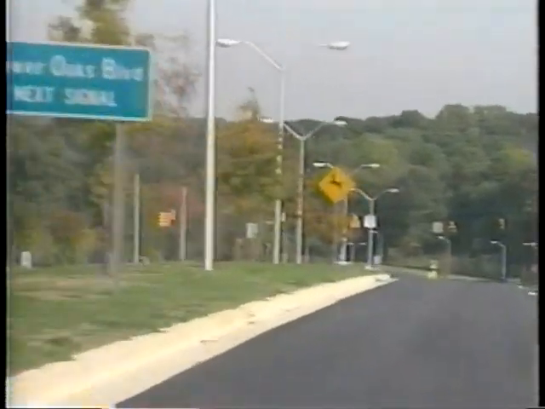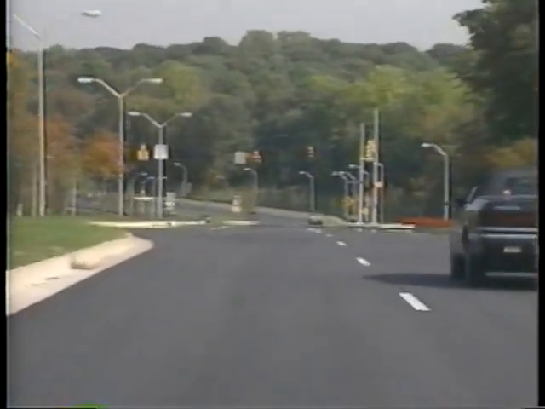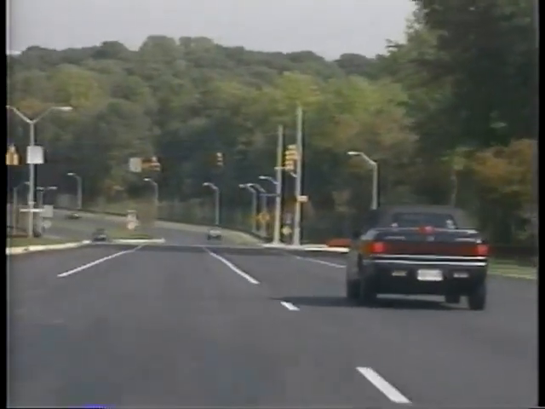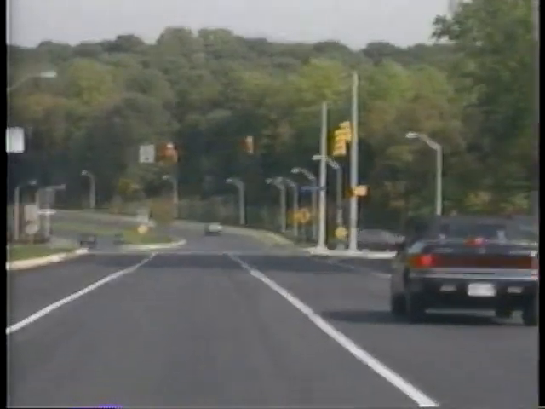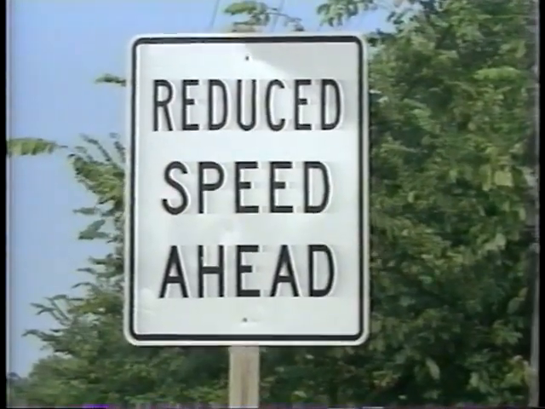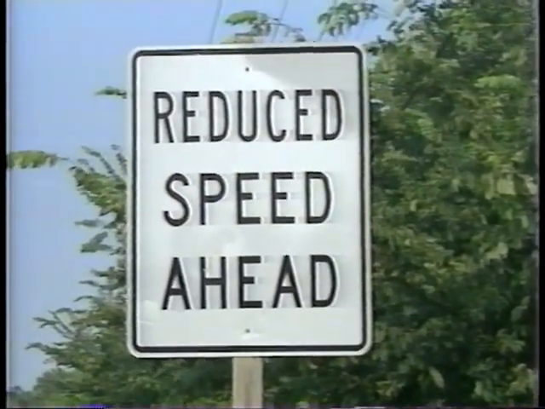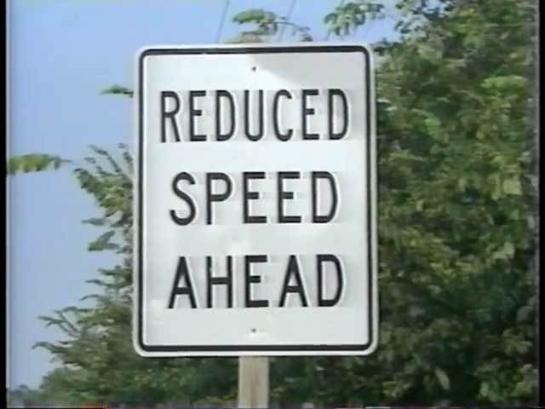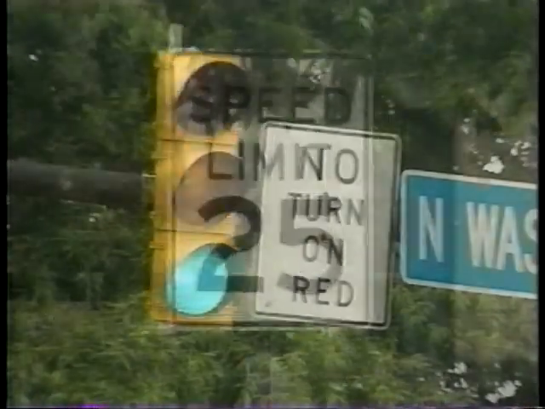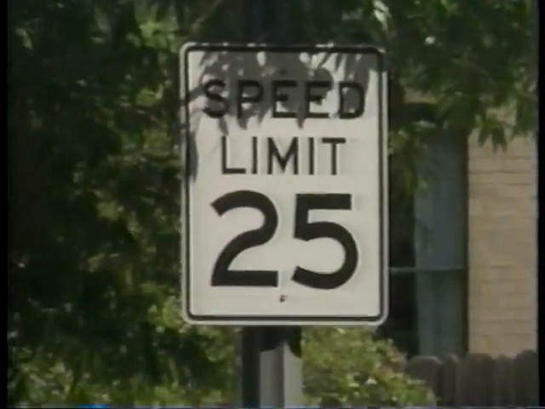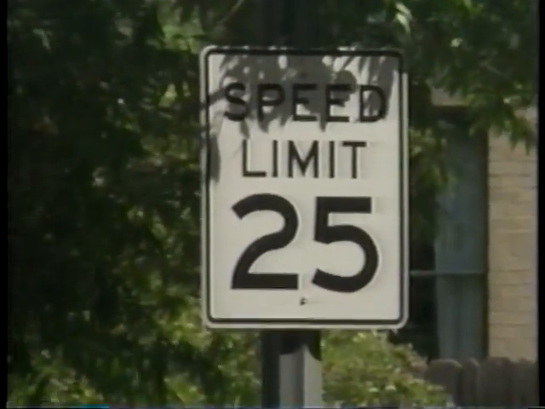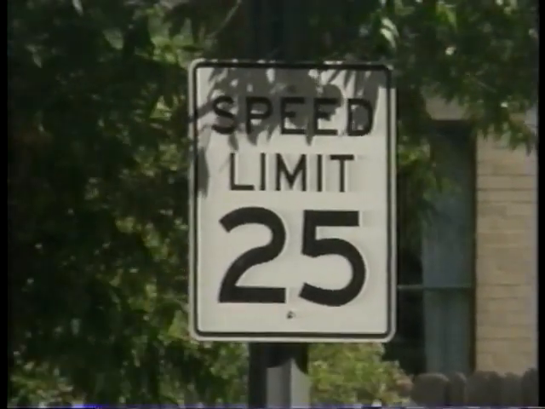Now, let's look at some differences and special considerations concerning each system. In terms of general appearance, in the U.S. system, regulatory signs are typically rectangular, with the longer dimension being the vertical one.